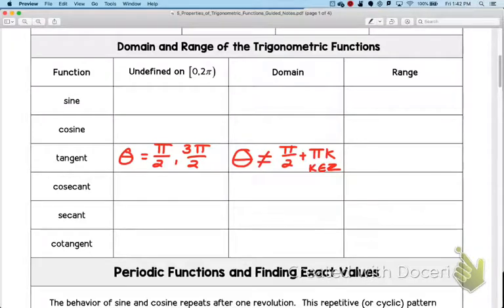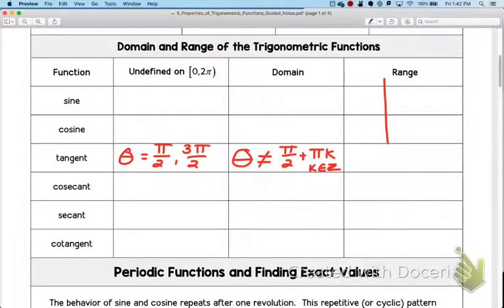So what's my range? It's going to be everything up to here, and then everything on this side, and then everything on this side, but not including these guys.